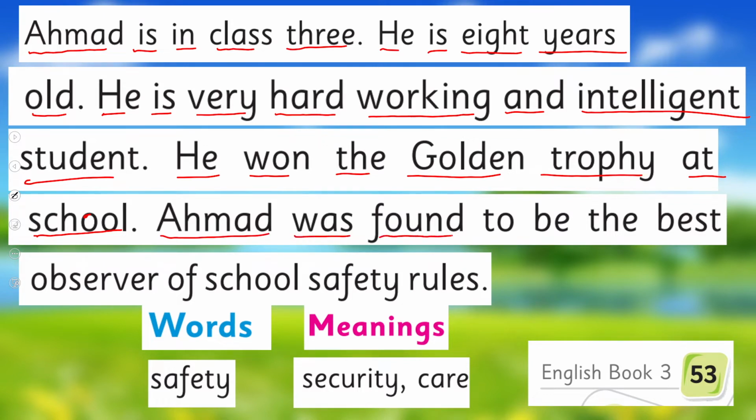Ahmed was found to be the best observer of school safety rules. And what does safety mean? Security, care. So what is the best quality of Ahmed? He was the best observer, means the best follower of school safety rules, right?